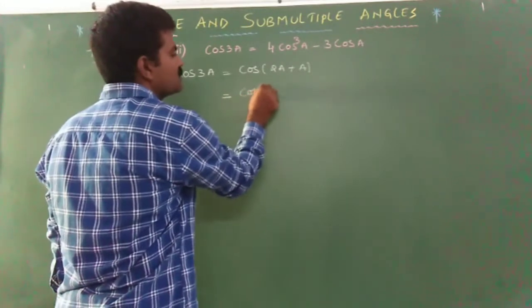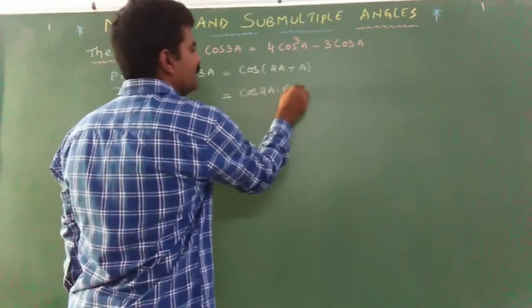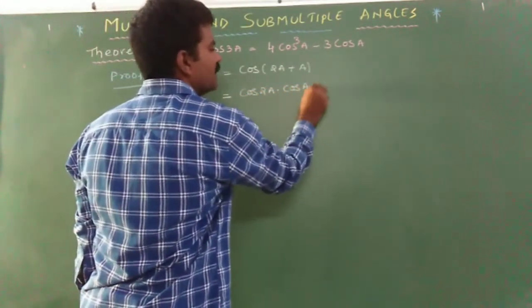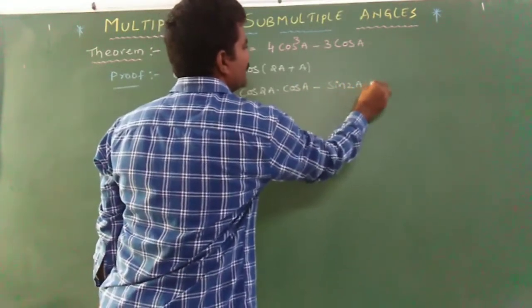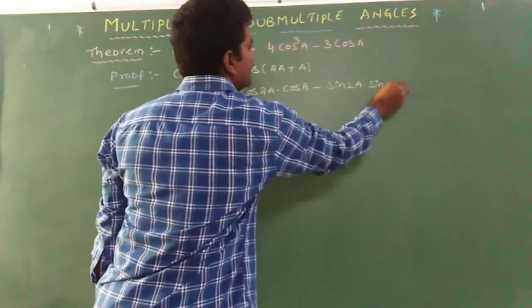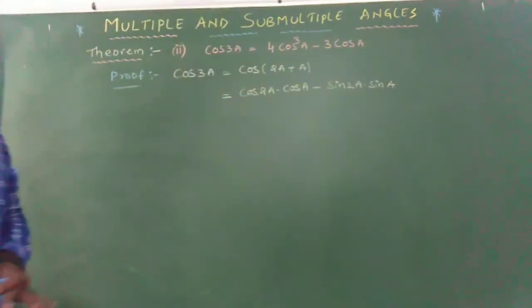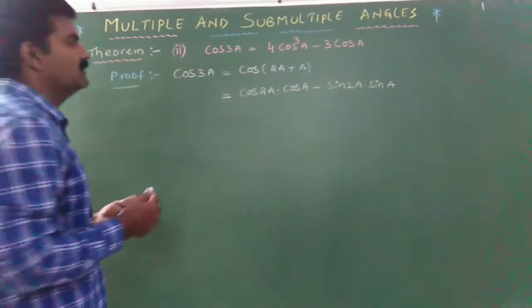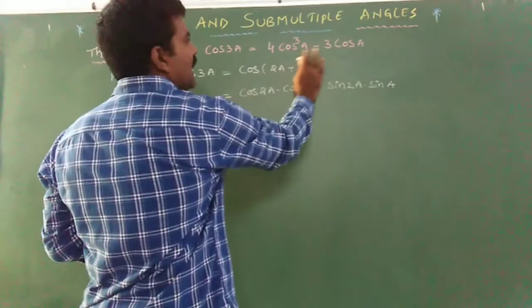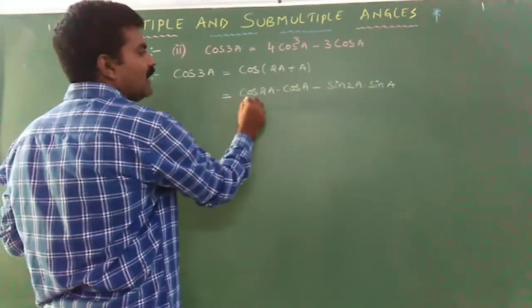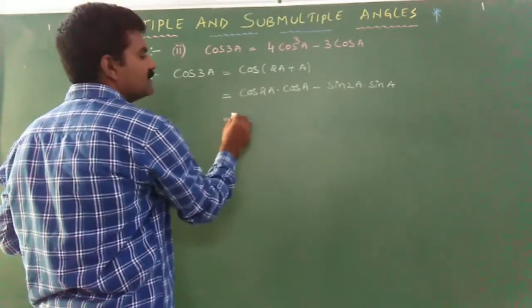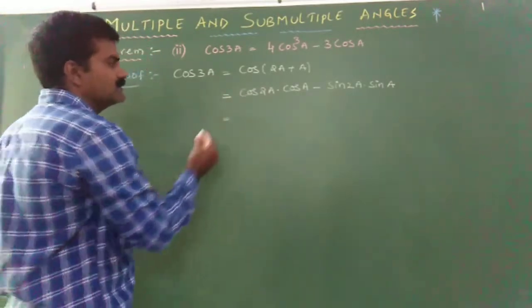So cos 2a into cos a minus sin 2a into sin a, isn't it? Right. Now see, especially RHS is purely in terms of cos. That is why how can we write cos 2a here, only in terms of cos.